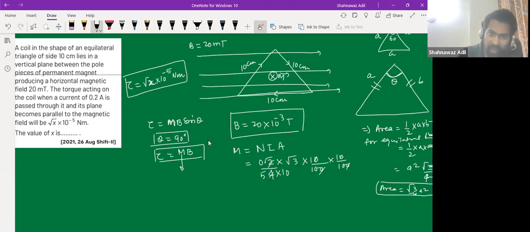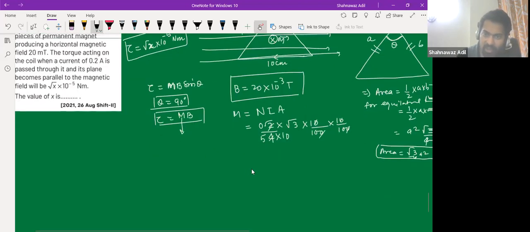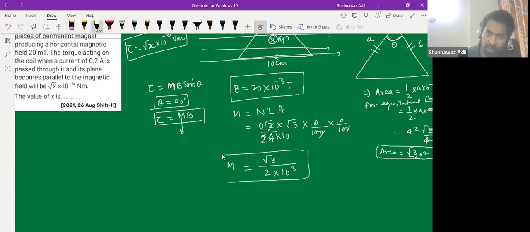So we have M, which is how much? Root 3 by 5 into, oh, why did I get this? Right. So we have 2 and 10 to the power 3. So this is the magnitude of the magnetic dipole.